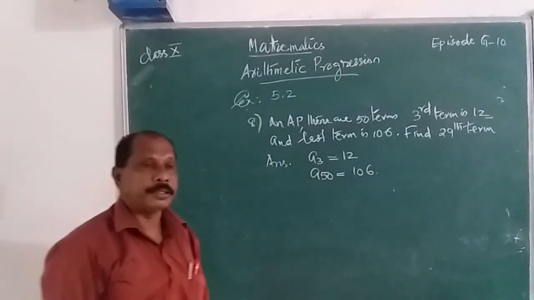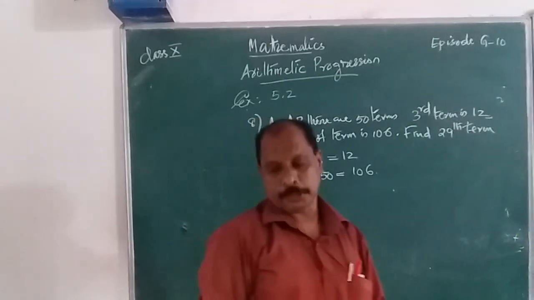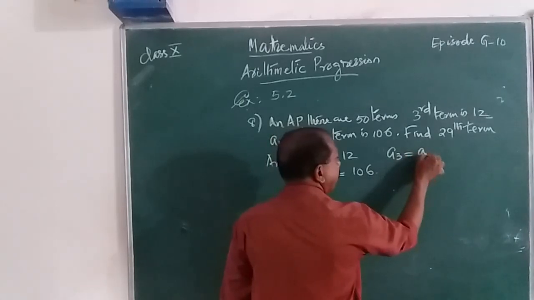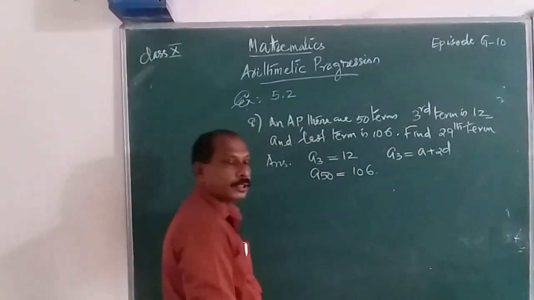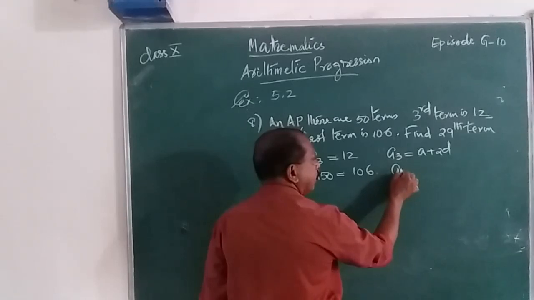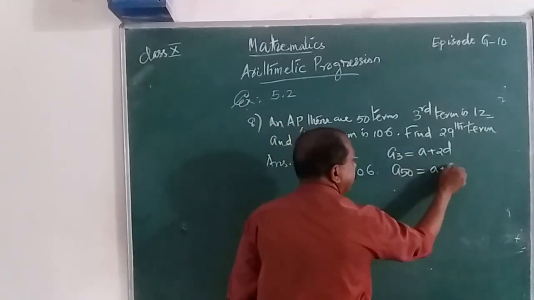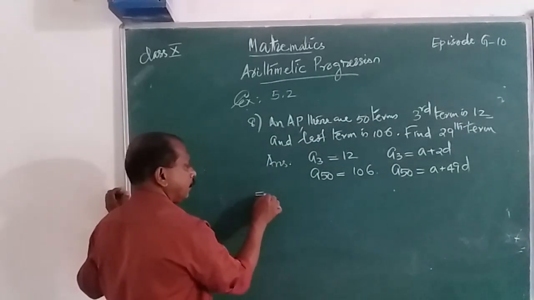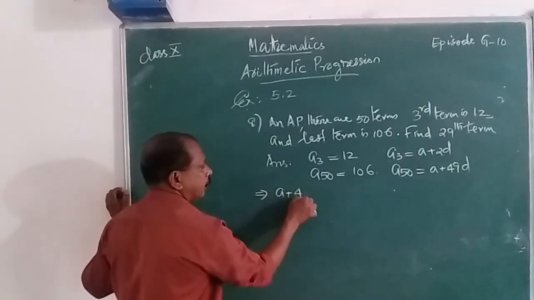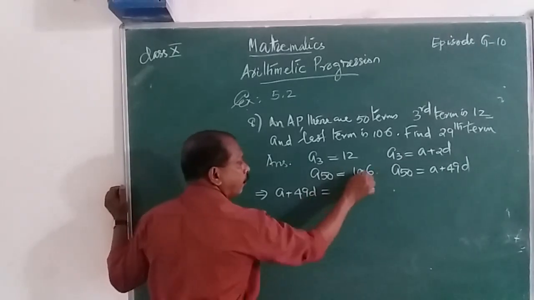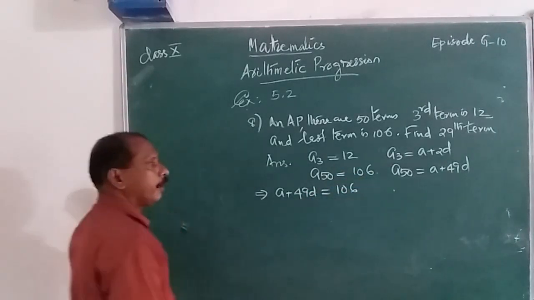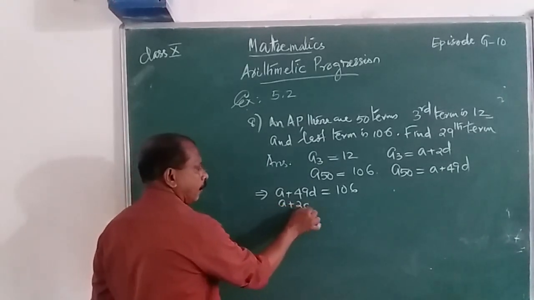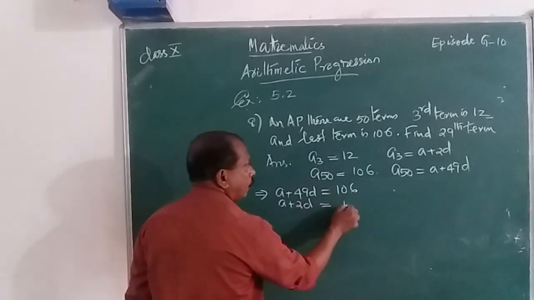To find the 29th term, we can find out the first term and the common difference. Then what is A3? A plus 2D. Okay. What is A50? A plus 49D. Which implies that A plus 49D is equal to 106, and A plus 2D is equal to 12.